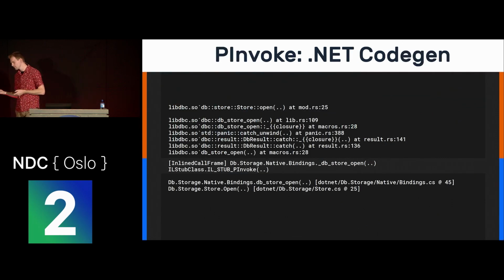So what actually happens when we execute a Rust function in C#? We don't just call it directly. There's a feature of the .NET runtime called PInvoke that comes into play here. When the runtime encounters an unmanaged call, it generates a whole lot of code around it to make sure that unmanaged code integrates into the .NET runtime correctly.